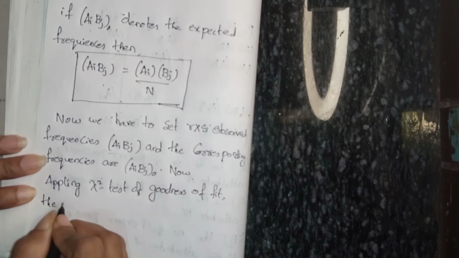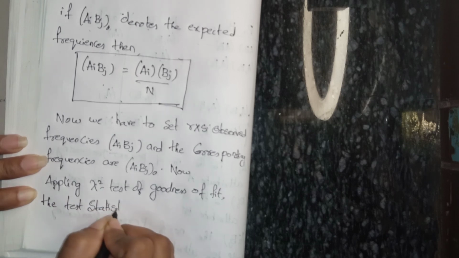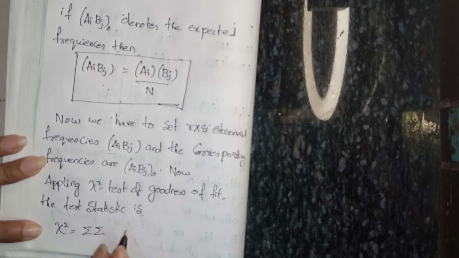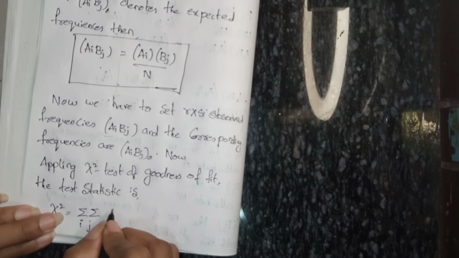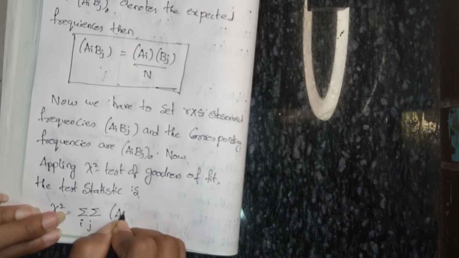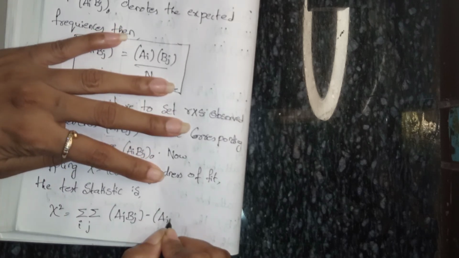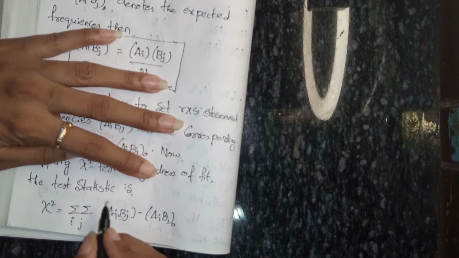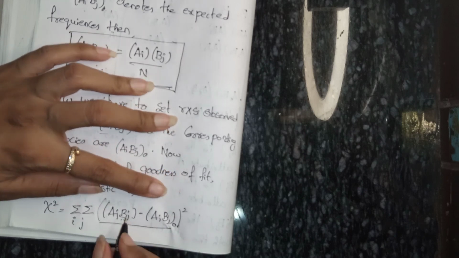The test statistic is chi-square equals double summation over i, j of (AiBj minus AiBj naught) whole square by AiBj naught, that means observed minus expected whole square by expected.